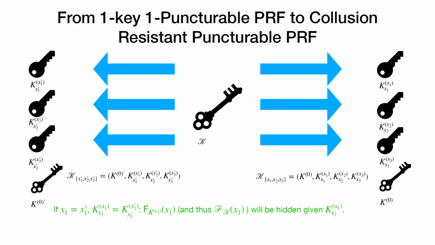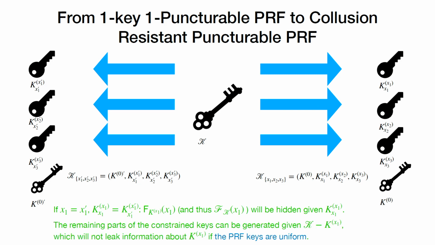So by the one-key security of the underlying punctured PRF, we have that no one could learn the PRF evaluation on the input x1 using the kx1. But we still have the remaining 6 parts in the constrained keys. But all of them can be simulated given k minus kx1, because we can sample kx2, kx3, kx2 prime, kx3 prime uniformly at random, and we can compute k0 and k0 prime using k minus kx1.